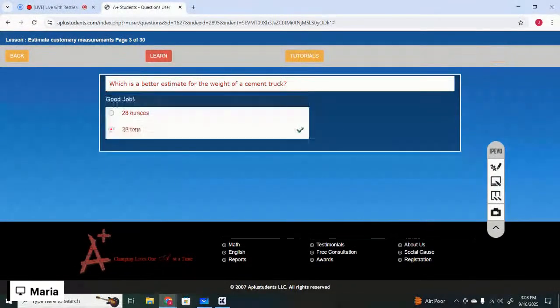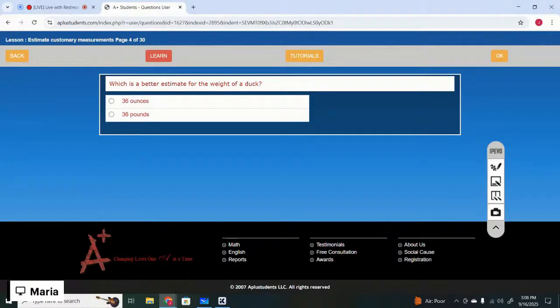Option number 2 is the correct option. Which is the better estimate for the weight of a duck? For the duck, it would be 36 ounces. 36 pounds is too much for this.